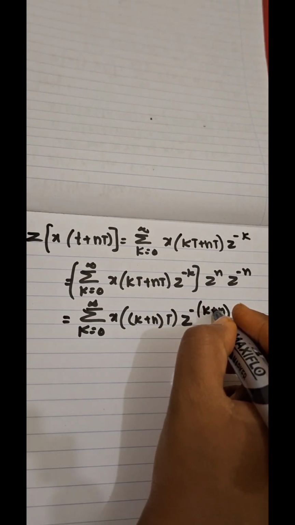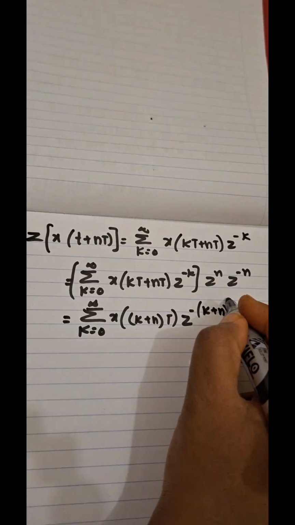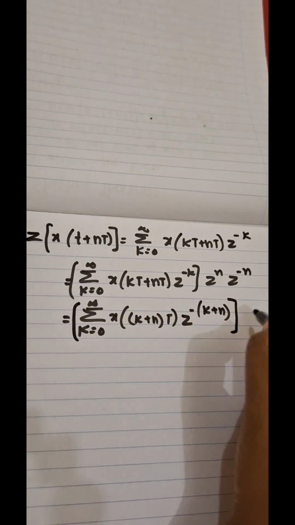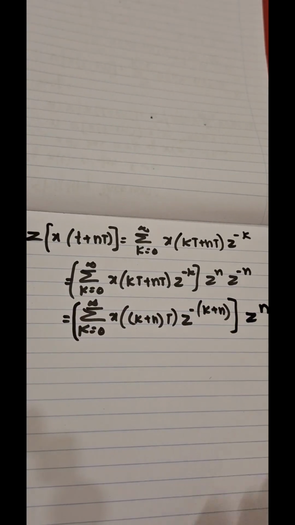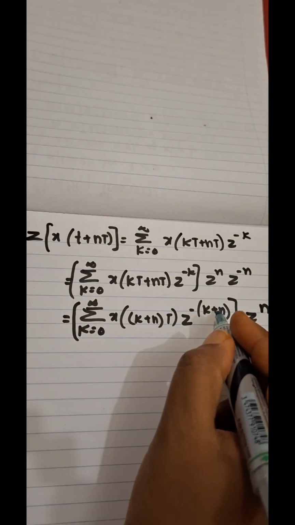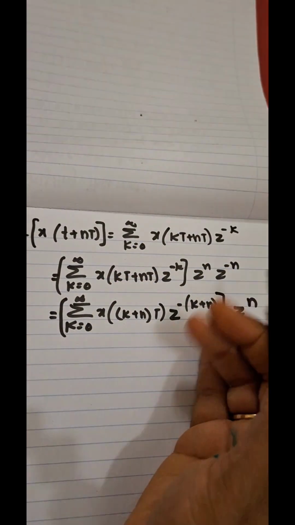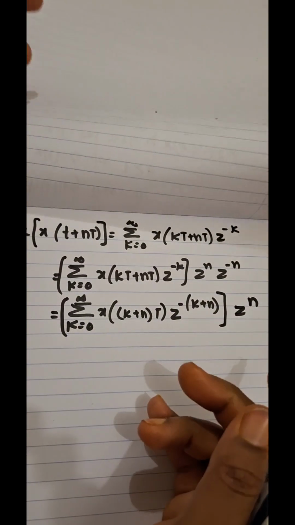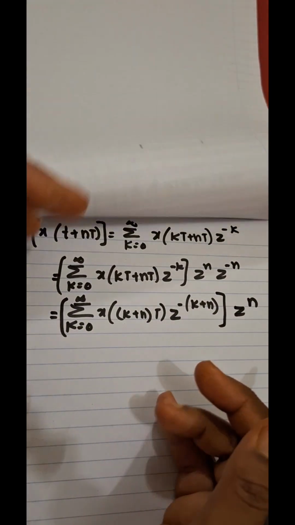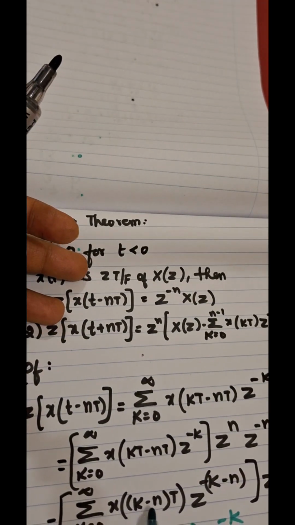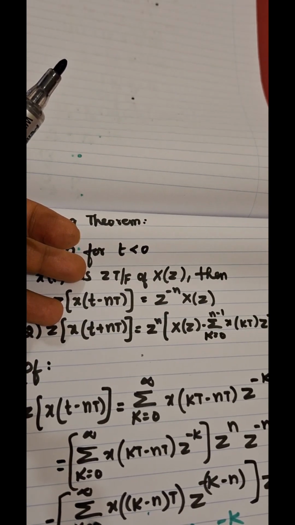Minus into plus is minus, which means z power minus n is brought inside, so the positive z power n should be outside. Now the positive z power n is outside, but here we can see k plus n, which means beyond k. Initially it is k minus n, which means less than k. So this sigma is perfect.